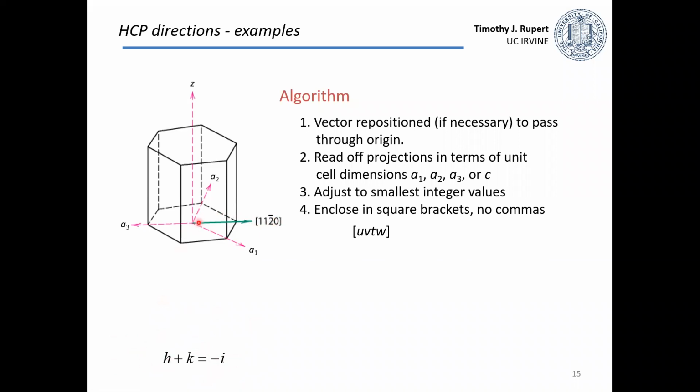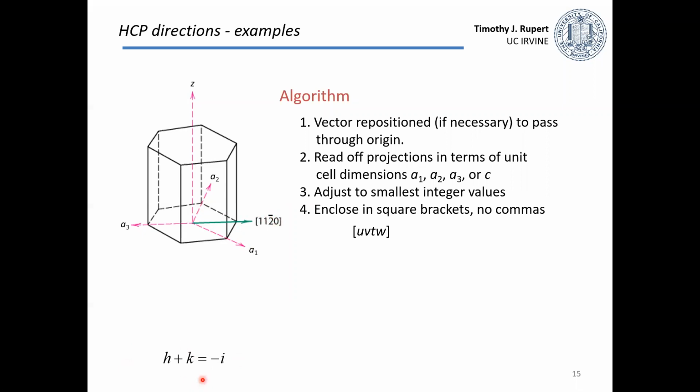So for example, the easiest way, if we didn't have that rule, to make this green arrow would be to say we're moving 0 in A1, 0 in A2, -1 in A3, and 0 in Z. Okay, but that would be 0, 0, 1 bar, 0.